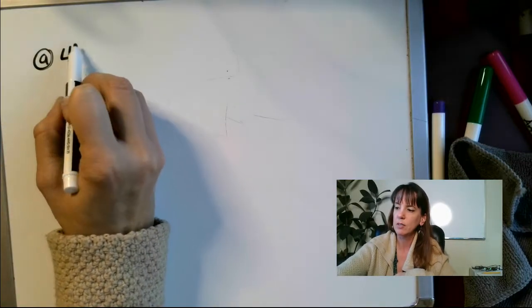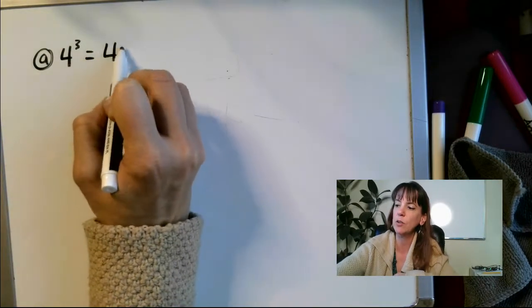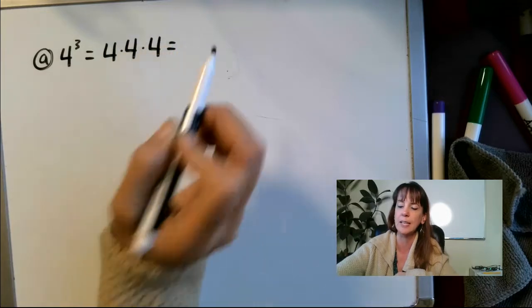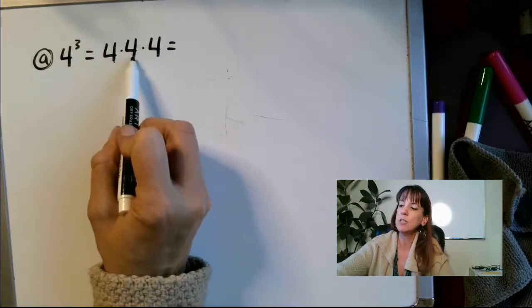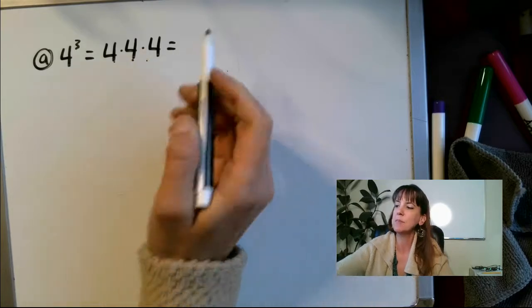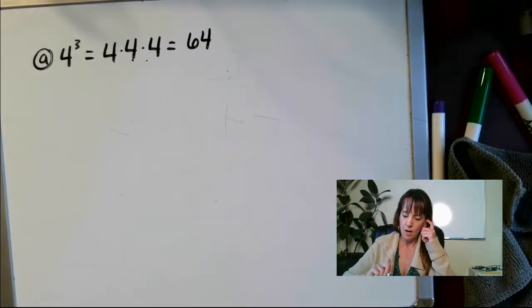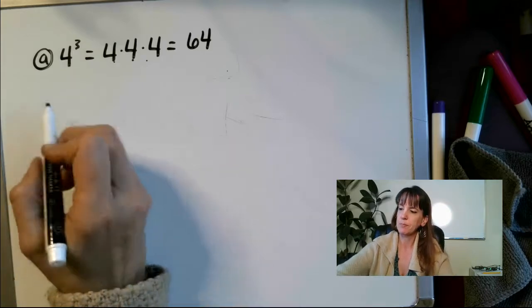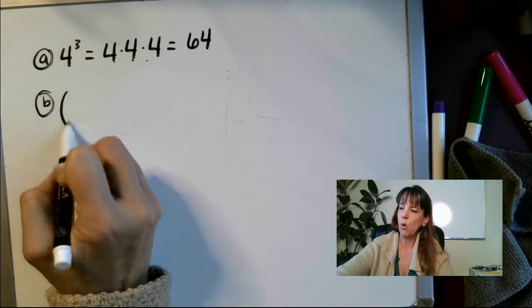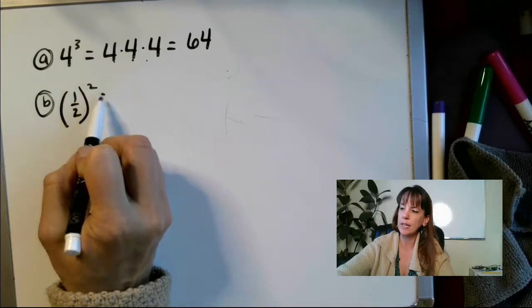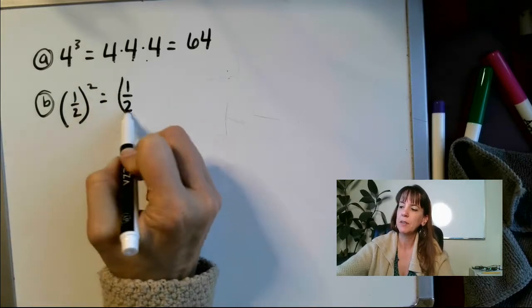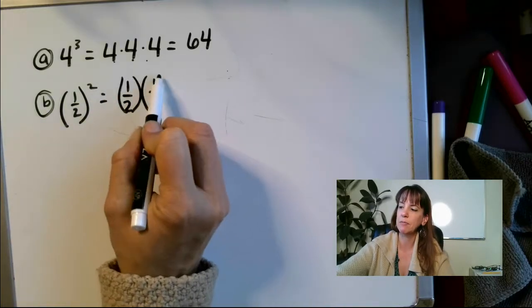A is 4 to the 3rd, which equals, and this is how your work needs to look, guys. 4 times 4 is 16, times 4 gives me 64, okay. B, 1/2 squared equals 1/2 times 1/2.